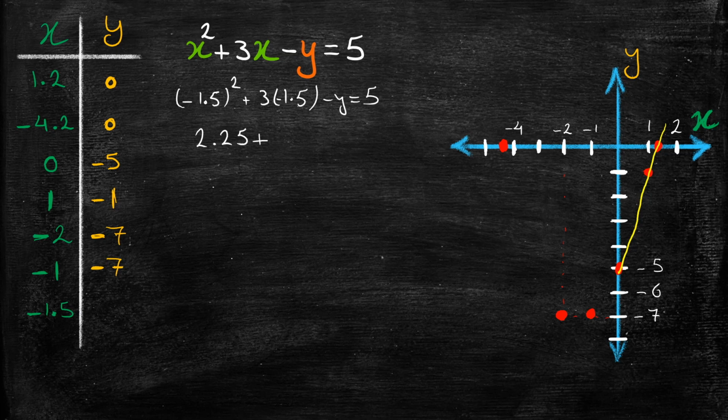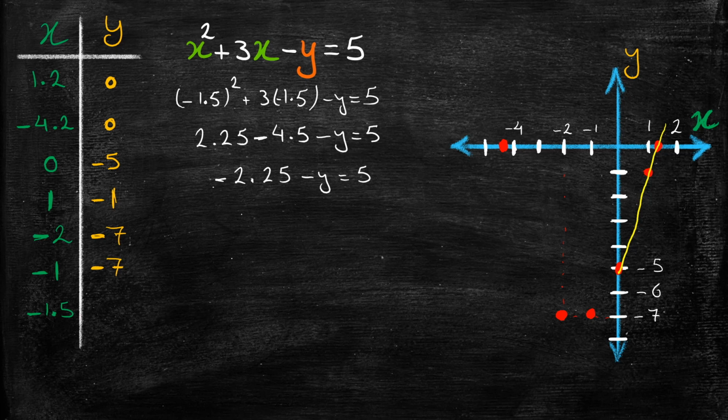Plus, well, 3 times -1.5, that's negative, the answer is -4.5. Minus y equals 5. Now 2.25 minus 4.5 equals -2.25 minus y equals 5.